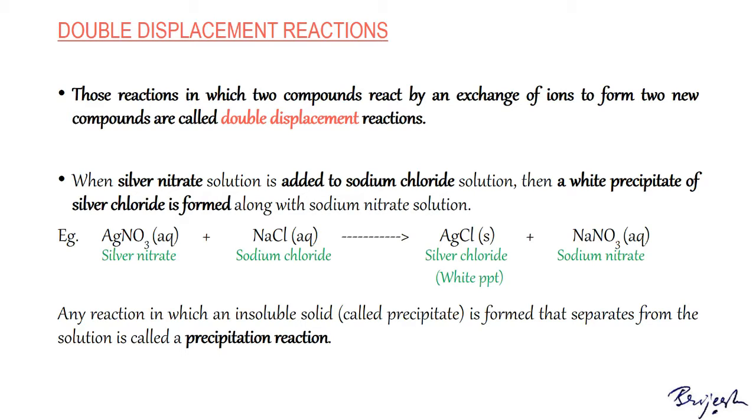Similarly, the sodium ions Na+ of sodium chloride react with the nitrate ion NO3- of silver nitrate to form another new compound, sodium nitrate, that is Na+NO3- or NaNO3. Please note that in the above double displacement reaction, silver chloride is formed as an insoluble white solid called white precipitate.